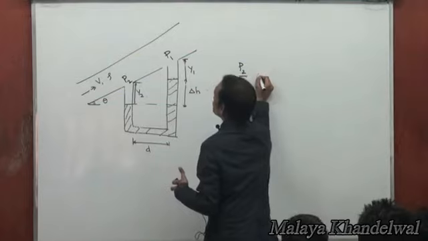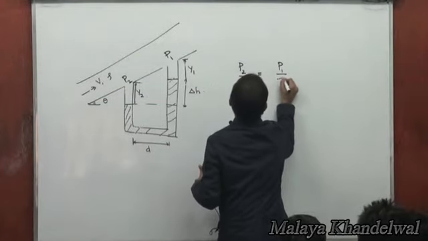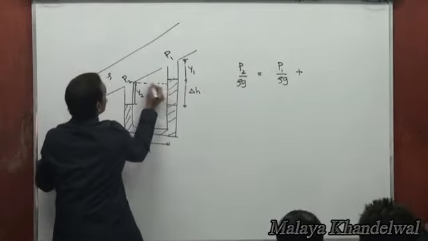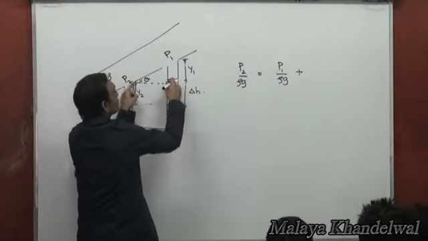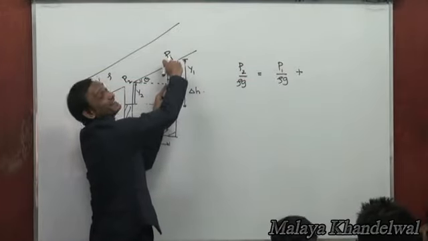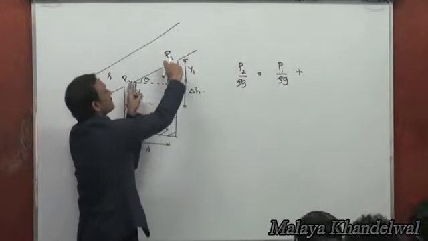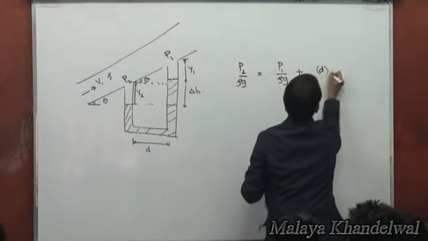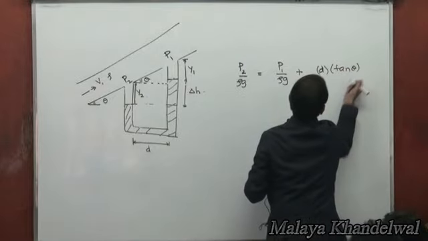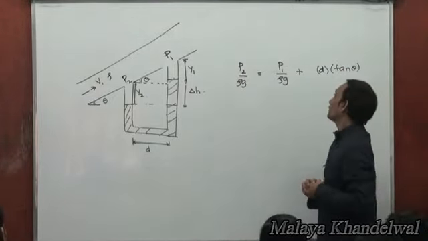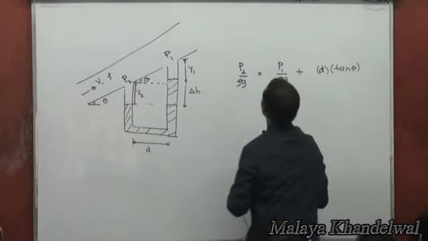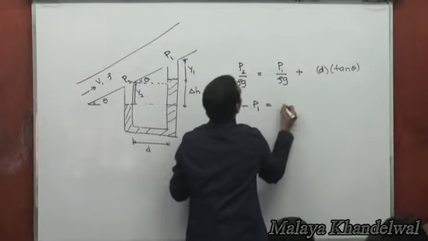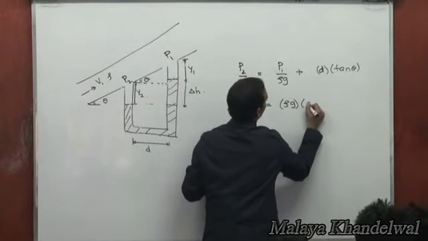That must be equal to P1 by rho g plus, now the z here, this angle is theta, this is d, so the z here is going to be d tan theta. If the z here is 0, the z here is going to be d tan theta. Right? And so this gives me P2 minus P1 is rho g into d tan theta.